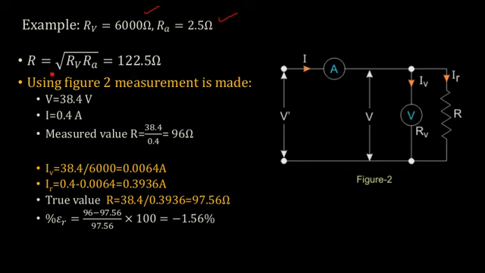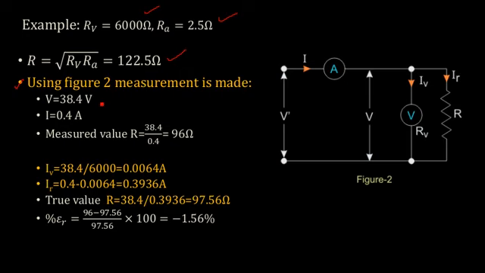And from this you can calculate R using the previous equation as the root of RV into RA, which is 122.5 ohm. Since I have taken this unknown resistor, I know that it has a value lower than this value. So I have used figure number 2 to make some measurements.